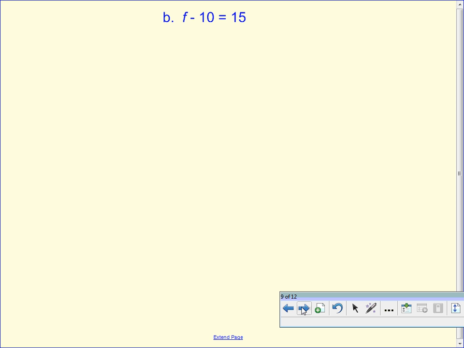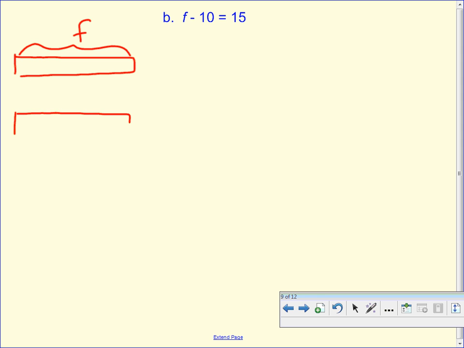All right. Careful with the subtraction. What are we starting with? F. Then from my F, I'm taking away 10. So that means this side is F minus 10 equals 15.